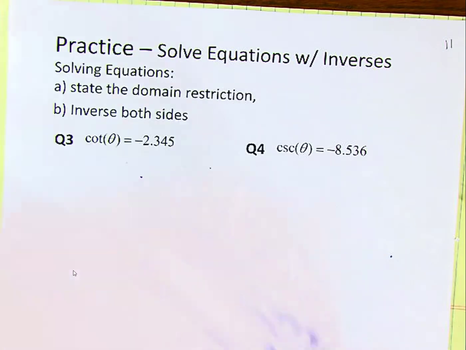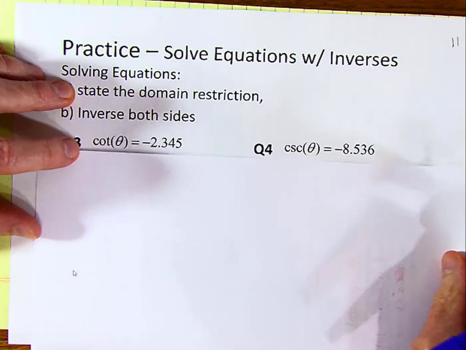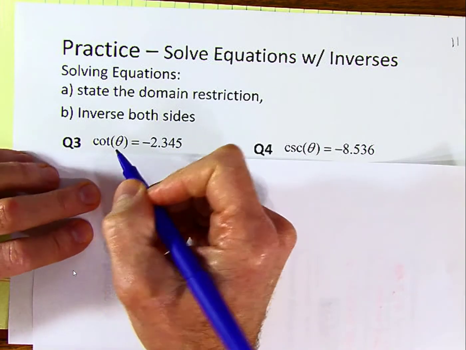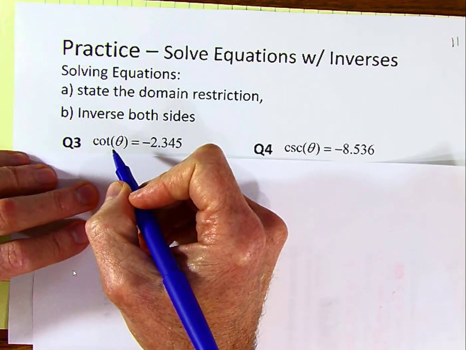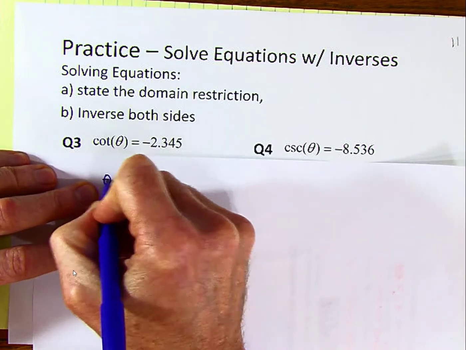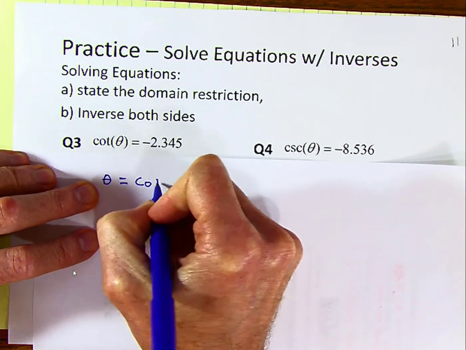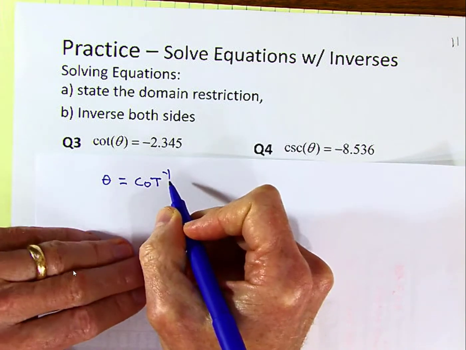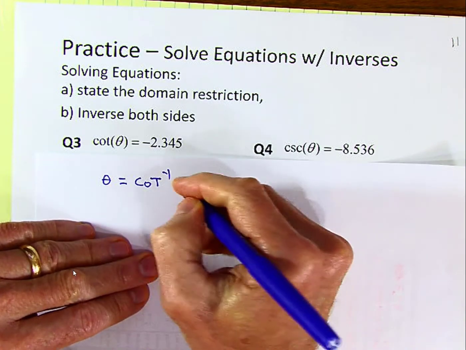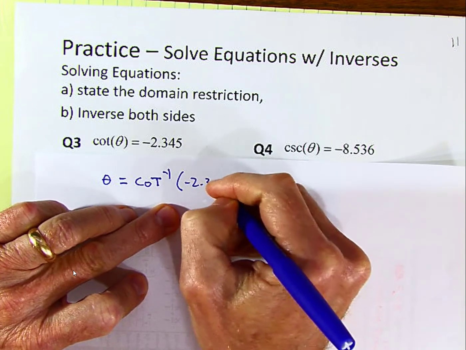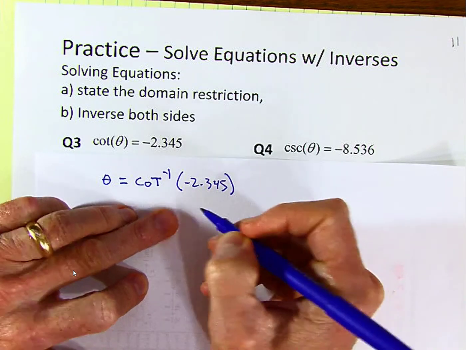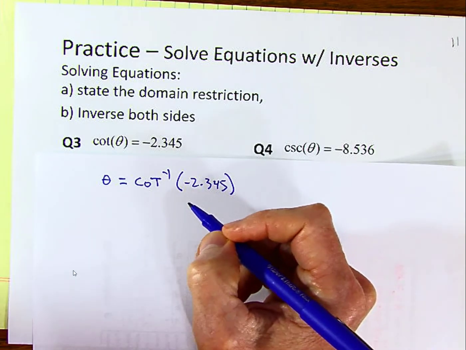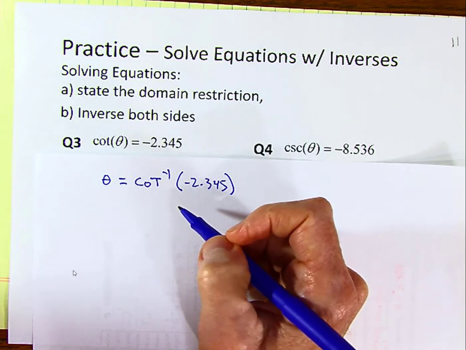Because if we're going to solve this for theta, the only thing that would undo cotangent is cotangent inverse. That is what reverses cotangent. But this is problematic for us.